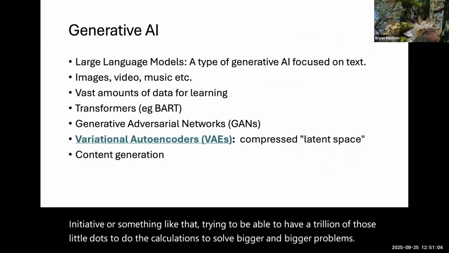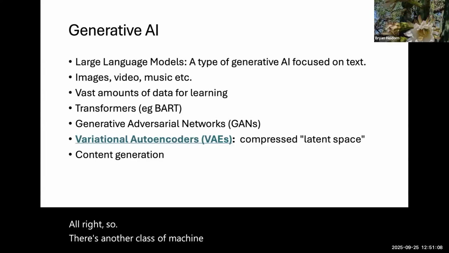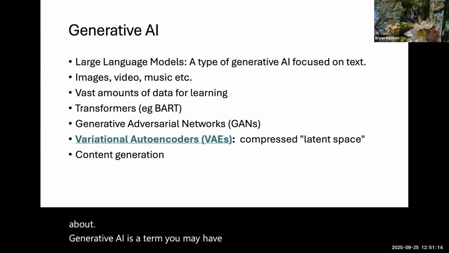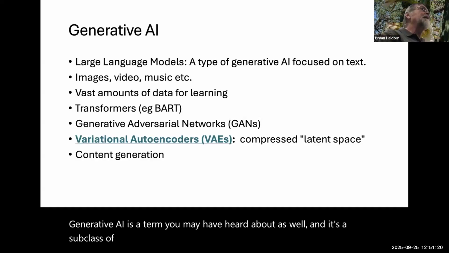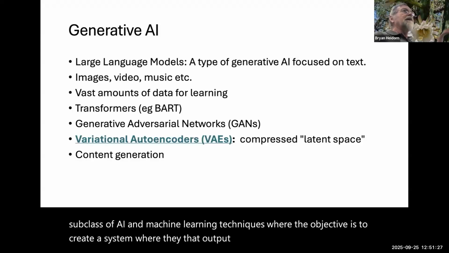All right, so there's another class of machine learning and AI I want to talk about. Generative AI is a term you may have heard about as well, and it's a subclass of AI and machine learning techniques where the objective is to create a system where that output layer is generating an object that humans would normally produce.